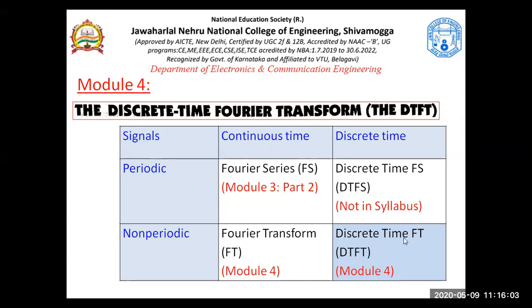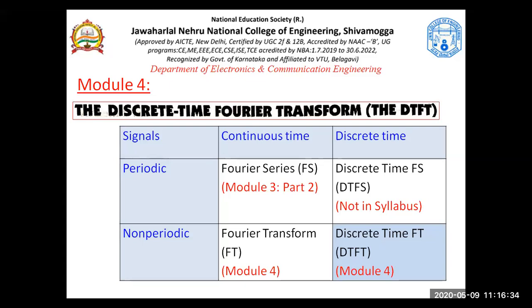Now since we are dealing with the discrete time Fourier transform, we have to understand discrete time signals. Where had we seen discrete time signals earlier, in which transforms? As I told you earlier, not all transforms are suitable for all types of signals. Laplace transforms are suitable for continuous time signals, no matter periodic or non-periodic.